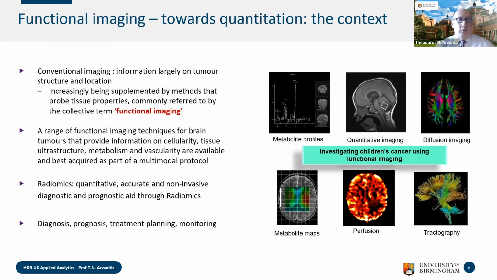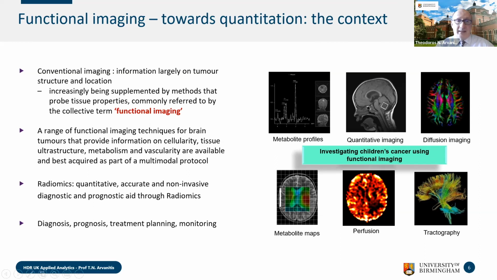So what we have been trying to do, in addition to the conventional imaging that I just showed you, which gives largely information about the tumor structural location, is to look at approaches which we collectively term functional imaging, because they look at quantitative information that can potentially tell us more about the cellular structure of the tumor, the metabolism, the vascularity, the ultrastructure around the tumor, and the angiogenesis of the tumor, which means that the tumor can grow based on the supply through the blood vessels.